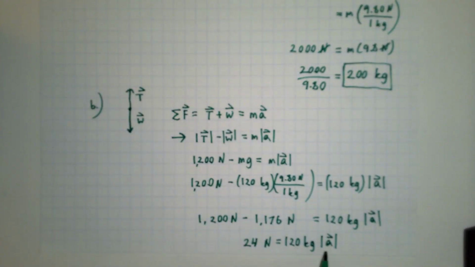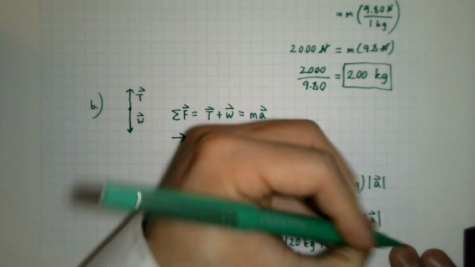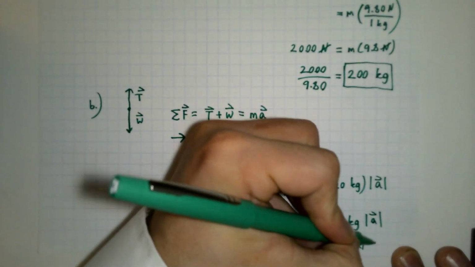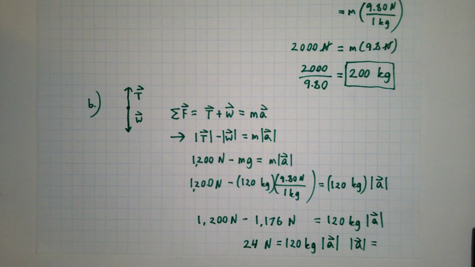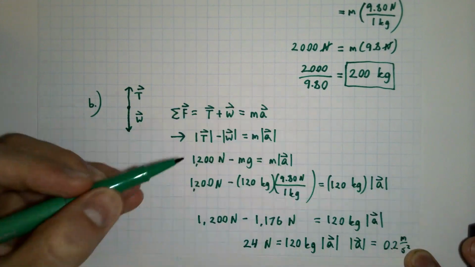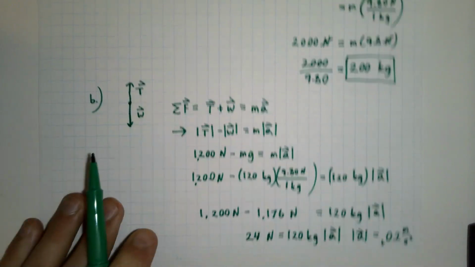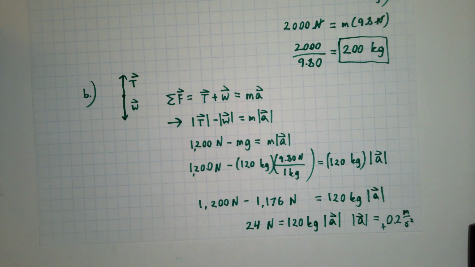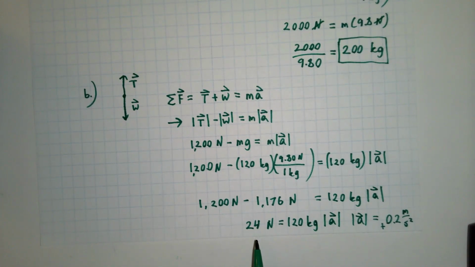F equals m times a, so our acceleration is 24 divided by 120, or 0.2 meters per second squared in the positive direction, because the net force is in the positive direction.